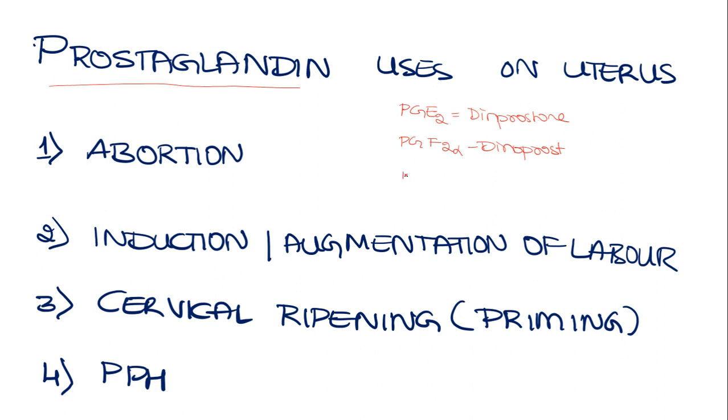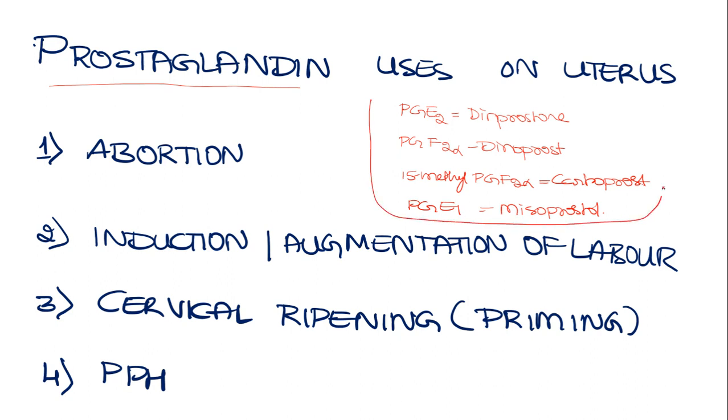You can use 15 methyl prostaglandin F2 alpha, that is carboprost. You can use prostaglandin E1 analog, that is misoprostol. So these are the prostaglandins which will be used for the conditions related to the uterus.